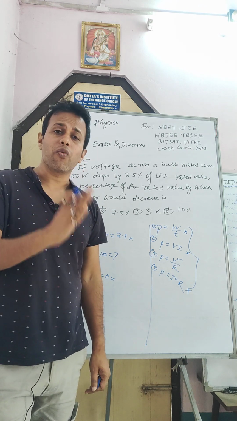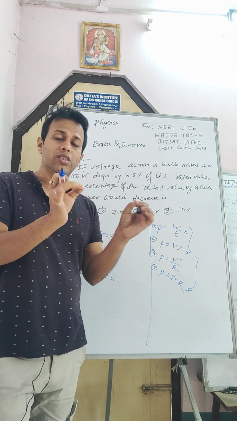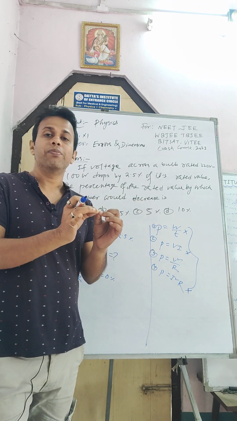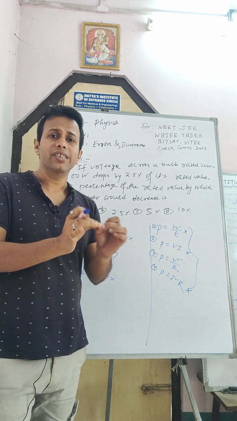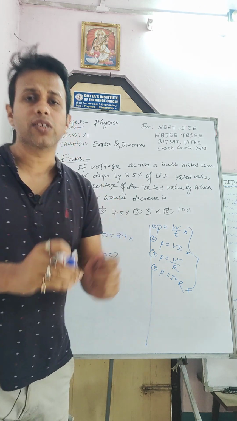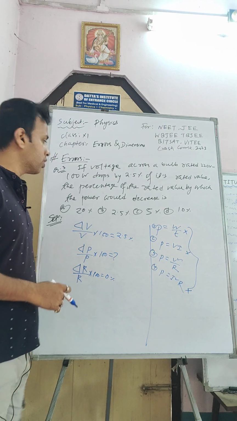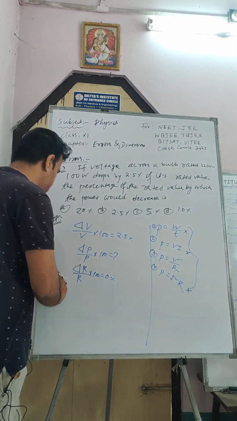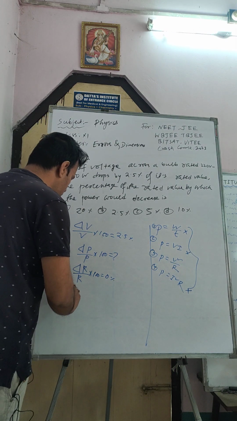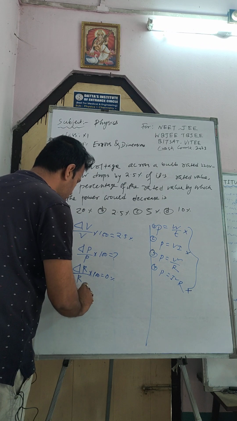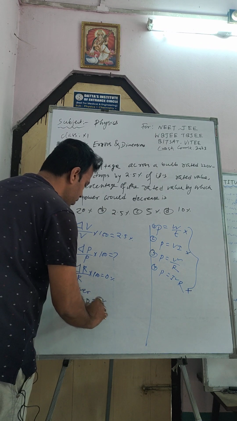Resistance will change only when the material or substance of the bulb is changed. Now therefore power P equals V square by R.